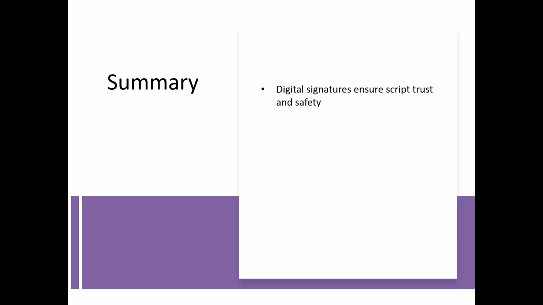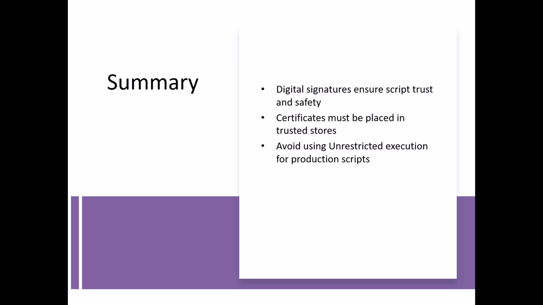So digital signatures ensure script trust and safety, and certificates must be placed in the trusted store, and we are avoiding using unrestricted execution for production scripts. Okay, so now if you would like me to execute that Collab PMS, I can do that just for the sake of verifying. It is already digitally signed, so there should be no problem.